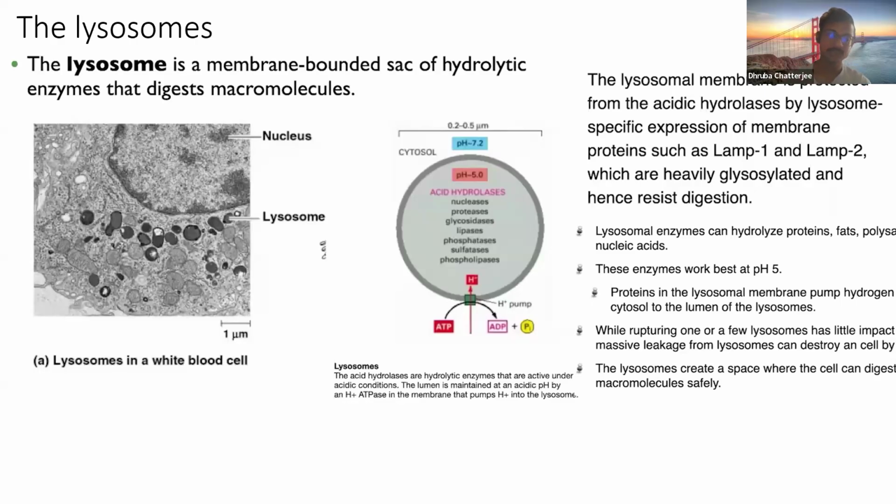As you can already imagine, for these macrophages and dendritic cells, the lysosomes act as very important components, because these lysosomes will be very necessary for degrading and killing the pathogens that are being engulfed by these dendritic cells or macrophages.